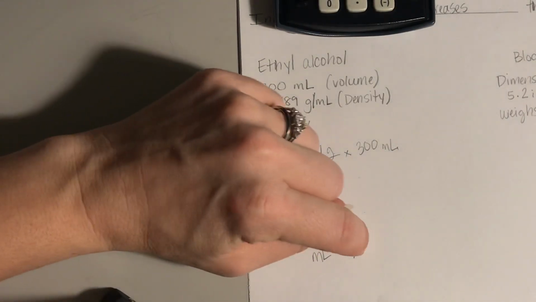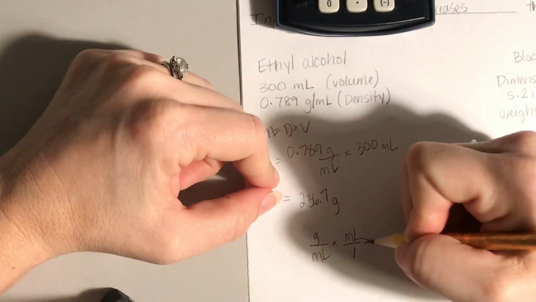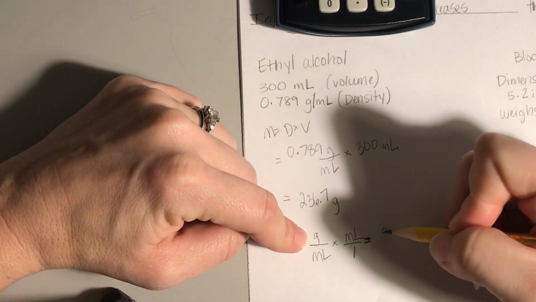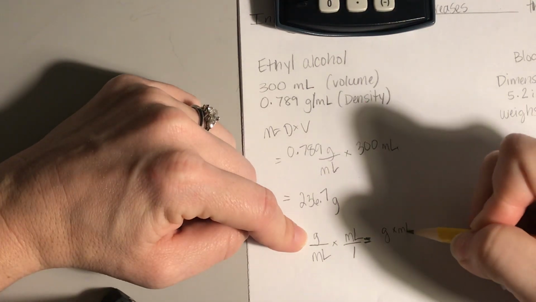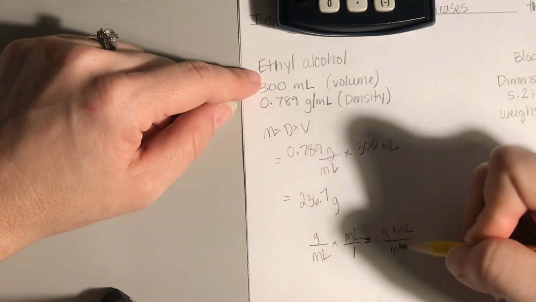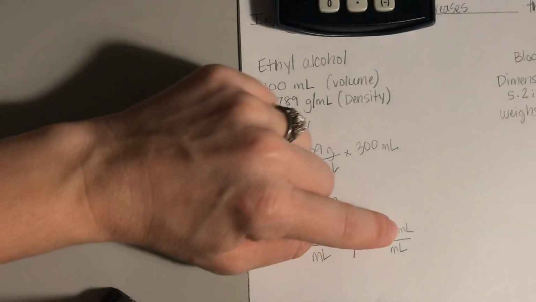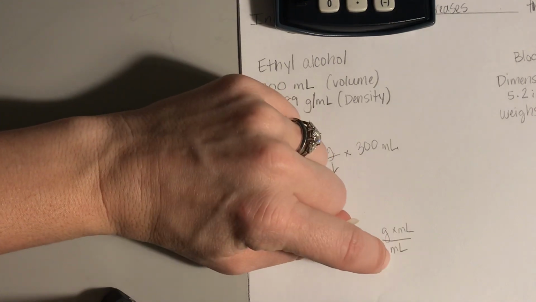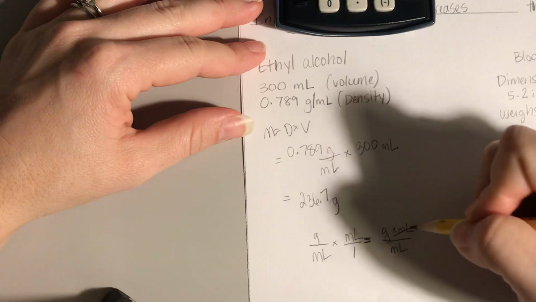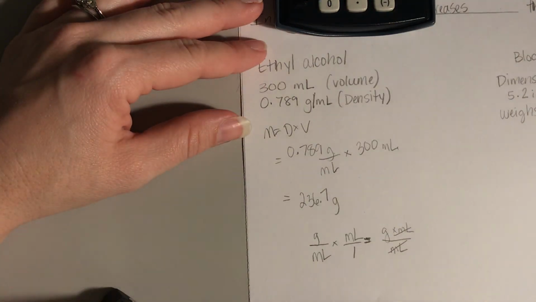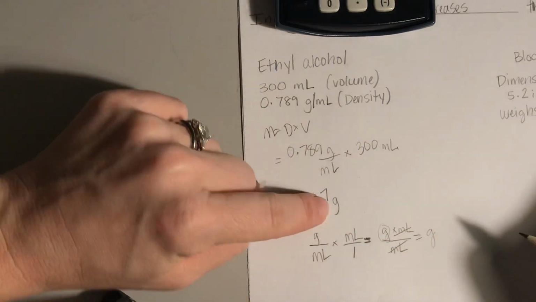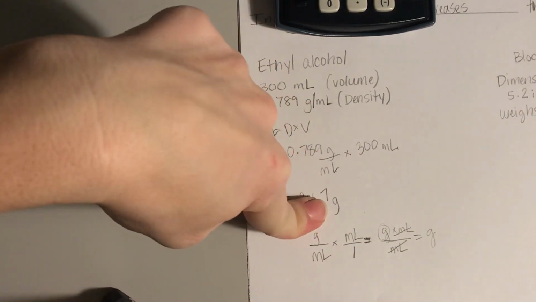If you multiplied this across, like an equation, this would be grams times milliliters over milliliters times 1, so just over milliliters. Notice there's a milliliter in the numerator and in the denominator. If that was a variable, you could just cancel that out. Well, you can cancel out the units too. So you're left with grams. So that's how we ended up with grams as our unit for the mass.